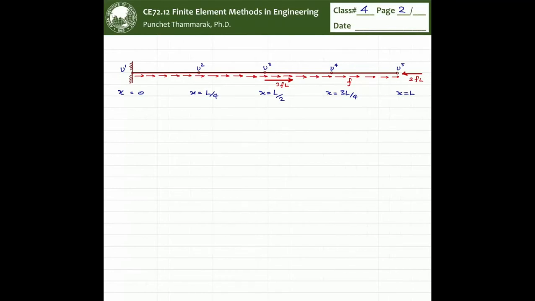So for linear elements, if you break into 4, you have 5 degrees of freedom in total. If you use quadratic elements, you will have just 2 elements and end up with 5 degrees of freedom. So basically, the stiffness matrix sizes are identical for linear and quadratic interpolation, because I fix the number of nodal points.